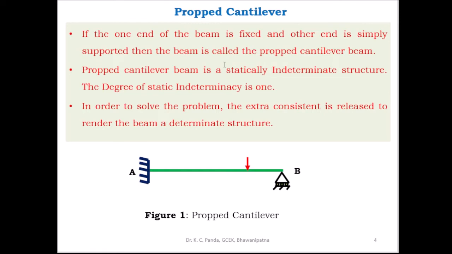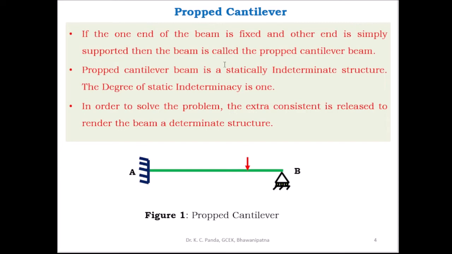In the case of propped cantilever beam, due to this additional support, a reaction is set up. Already there exists a vertical reaction and moment at the fixed end. Along with these two reactions, one more reaction at the prop end is added.